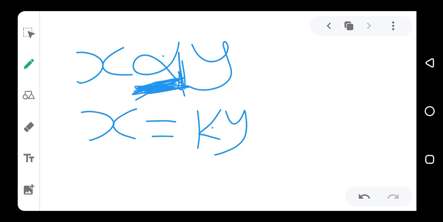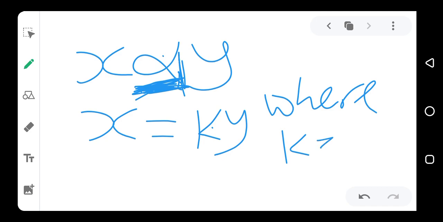So x is now equal to ky. When you state it like this, you must tell them the meaning of your k, because you can use anything to represent your constant. So you will say where k is equal to constant.